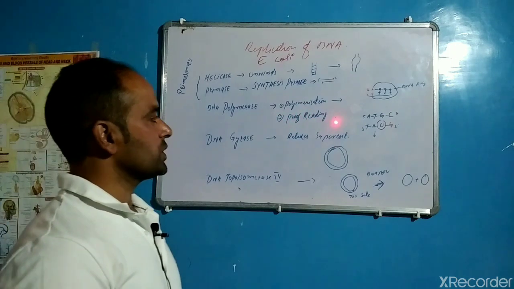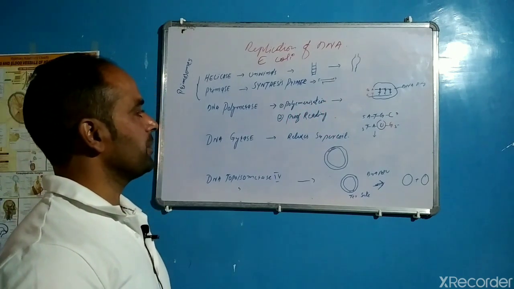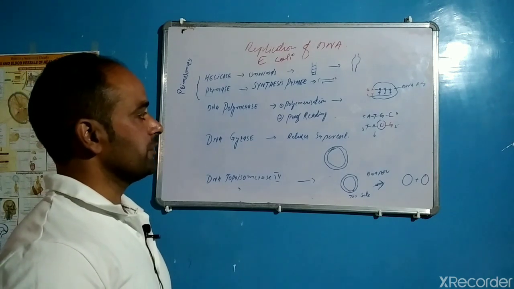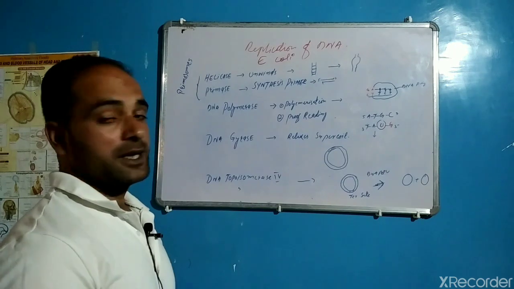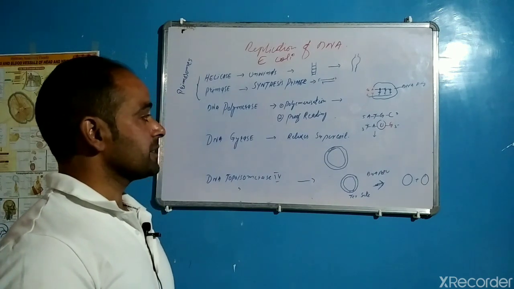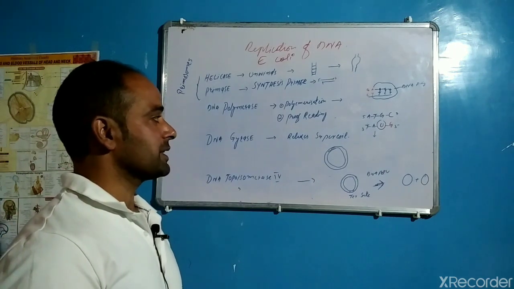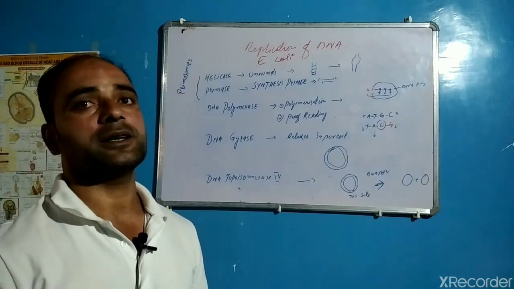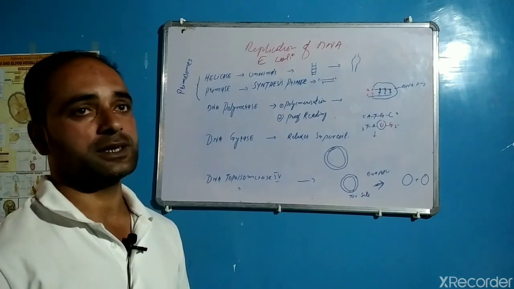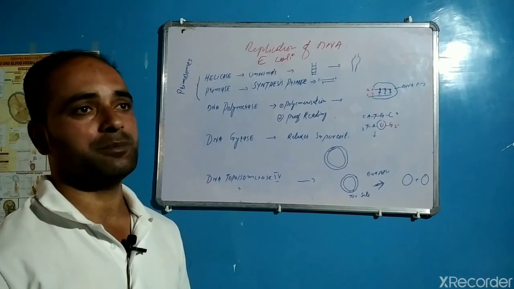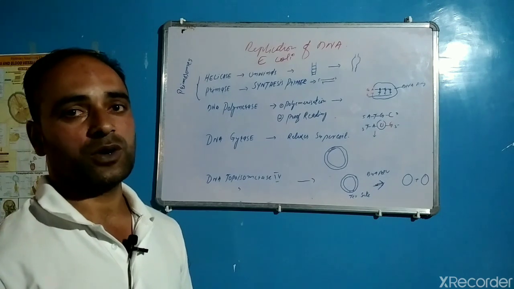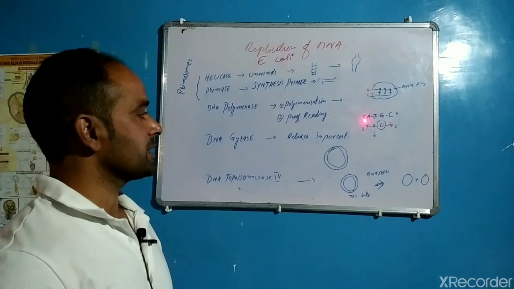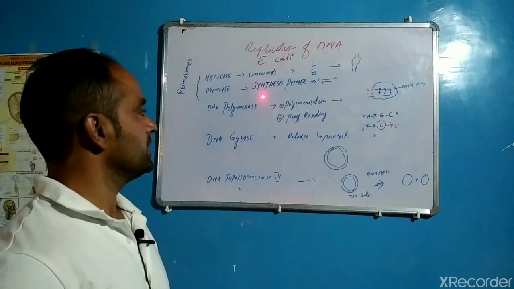The second, most important function of DNA polymerase is 3 to 5 proofreading. Proofreading means if a wrong base is inserted, it will create a mutation. That mutation may lead, in humans or in any other mammal, to cancer formation. So this base is removed by DNA polymerase.